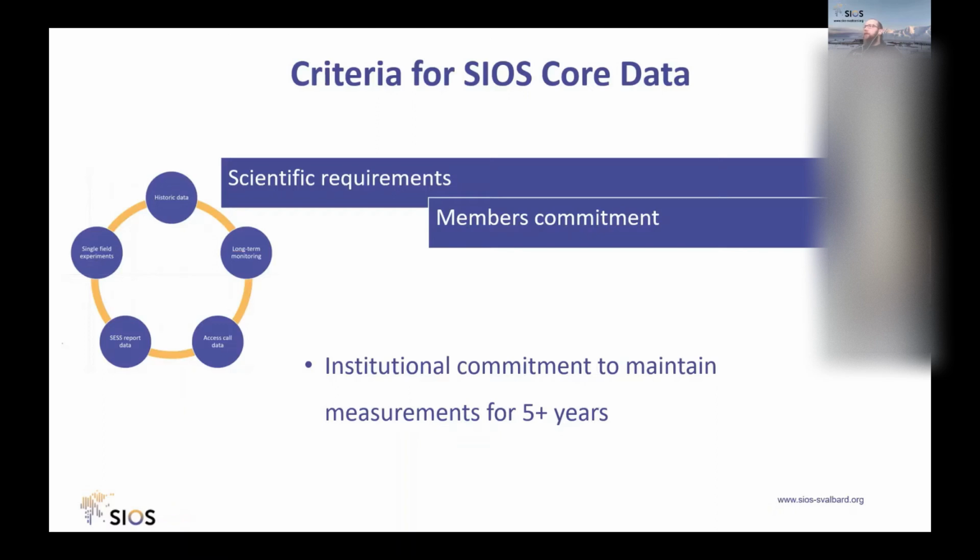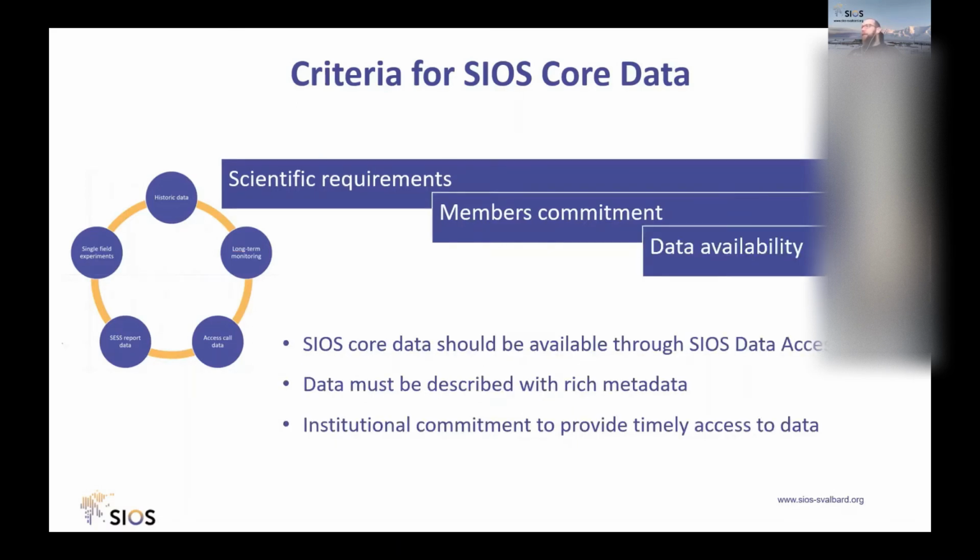For core data, there should be a commitment of more than 5 years from the providing institute to maintain the measurements and make the data available through the SIOS data management system. SIOS membership is based on a non-binding agreement. However, for members, there is a very strong requirement to sustain their credibility in the system. So we need this commitment.